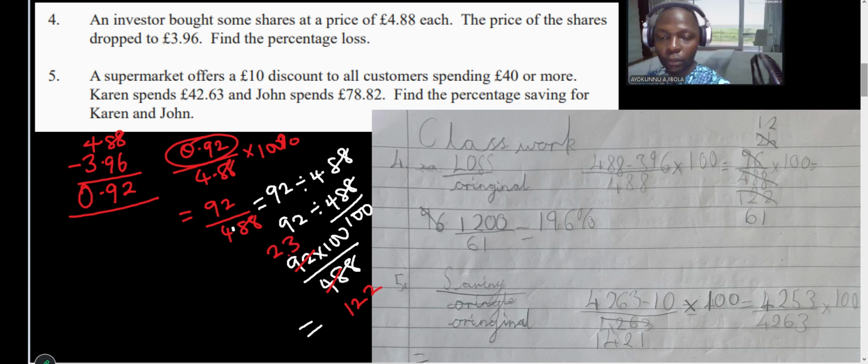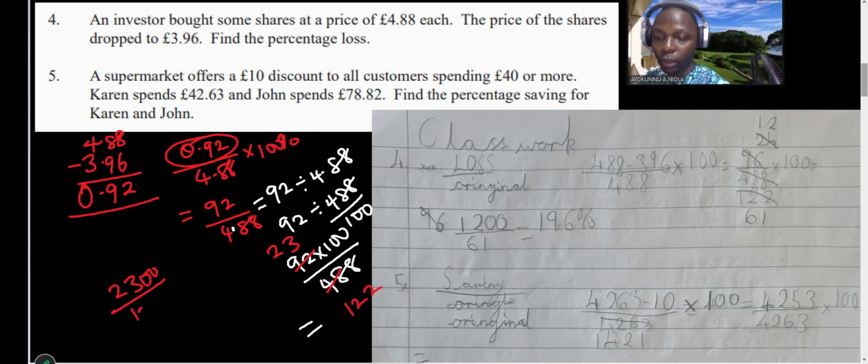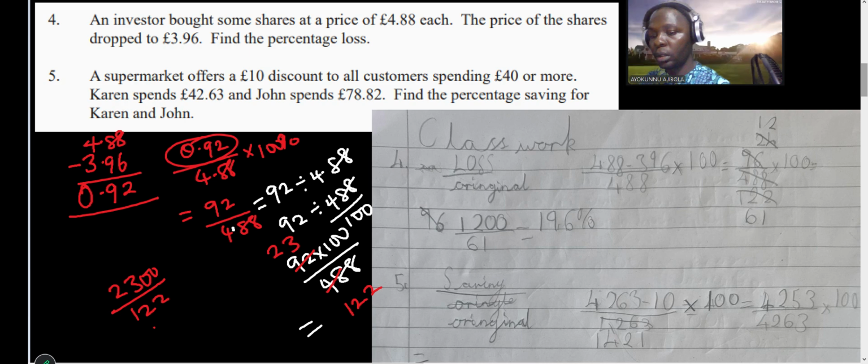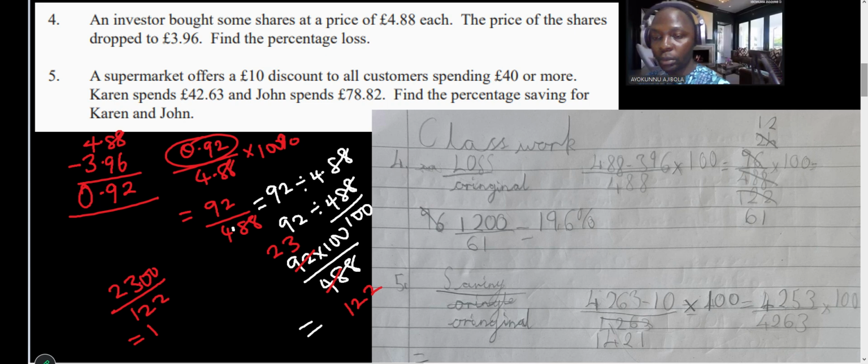Yes. Then we have to put a point, because if we say 61 times 8, that's 488. So I have to remove 488 from 540. 488, take it away from 540. That's 52 that remains. So in 520, how many 61?